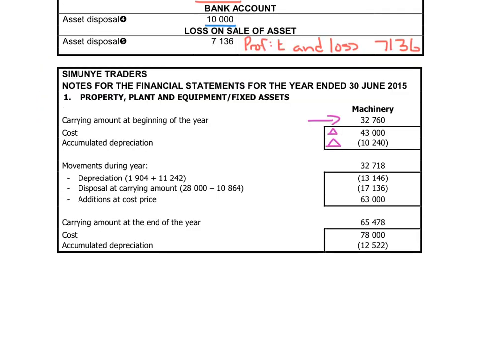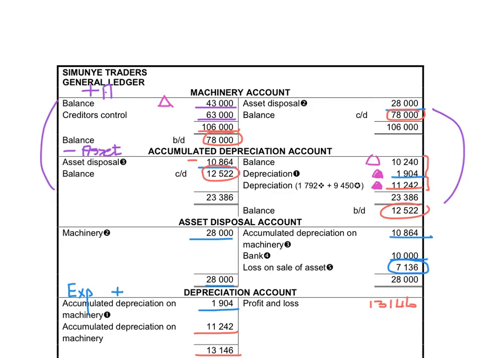I will add these two figures and indicate that the total amount that decreased the value of my assets for depreciation is 13,146.